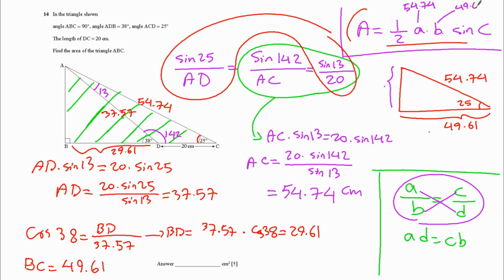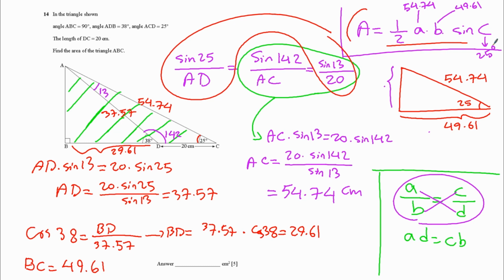So all I need to do now is to put these numbers into a calculator and find the total surface area. So that would be 54.74 times 49.61 times sine of 25, and all of that divided by 2.